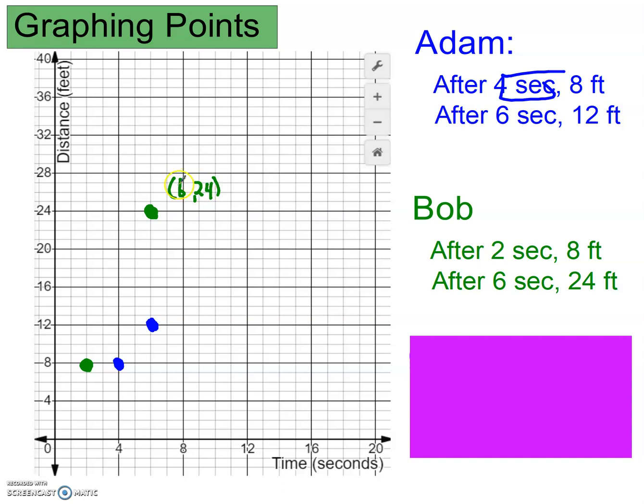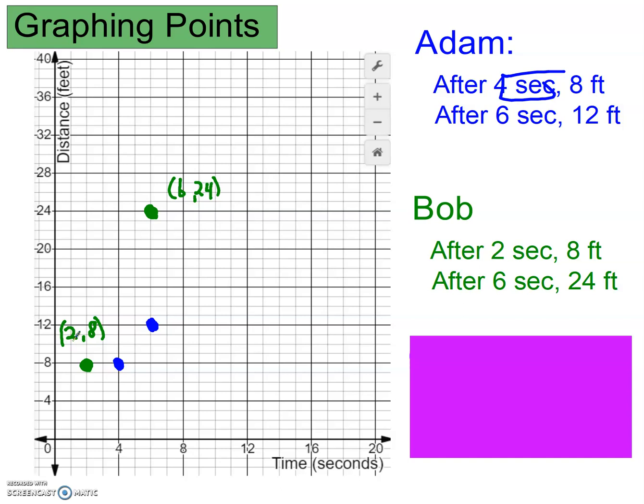The first number is always how far we went to the right, and the second number is always how far we went up. So for Bob's other point over here, we'll have 2, comma, 8. They're separated by commas. Always put them in parentheses, and so we've represented that point with those 2 numbers.